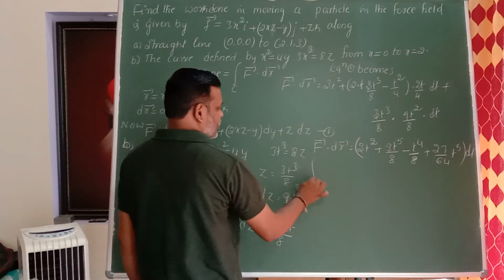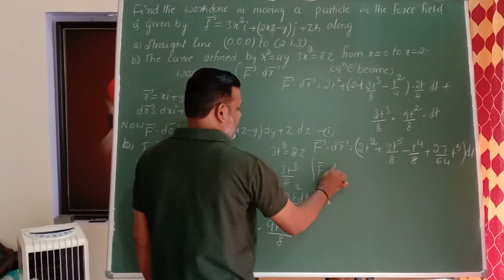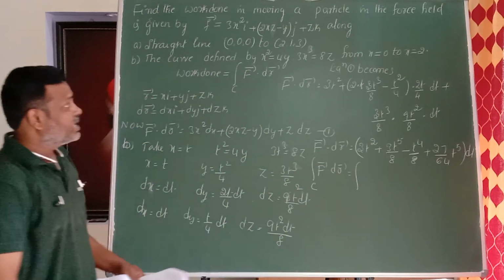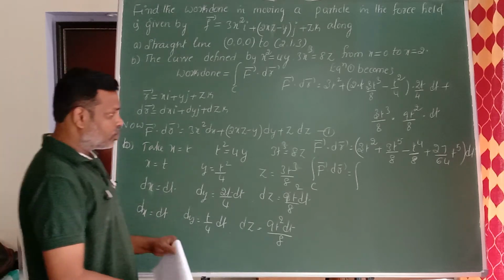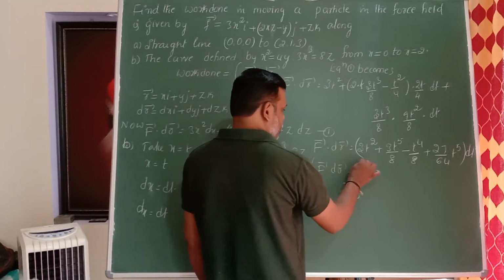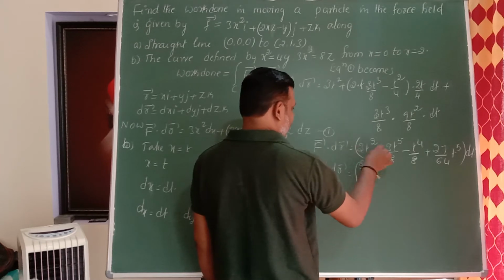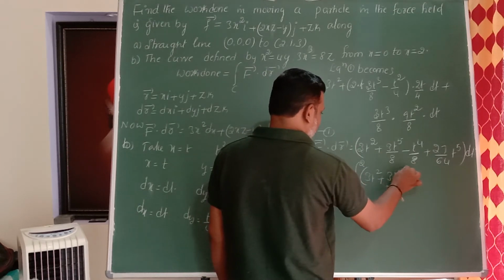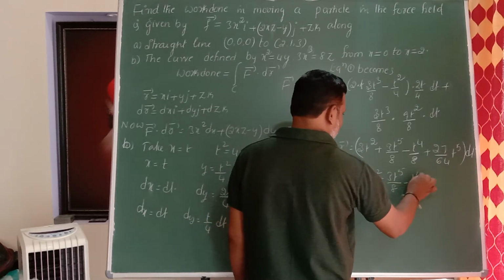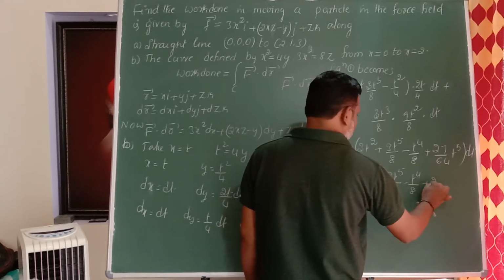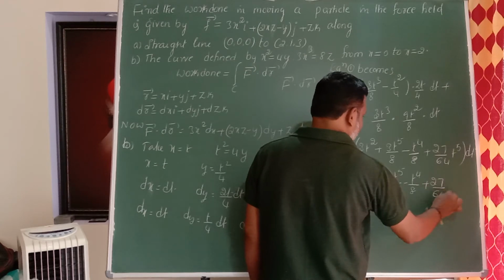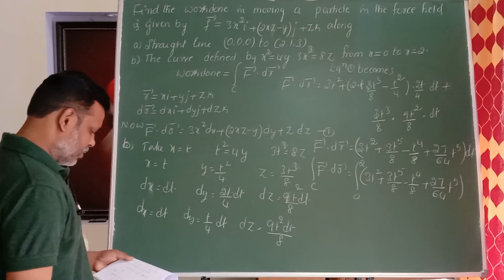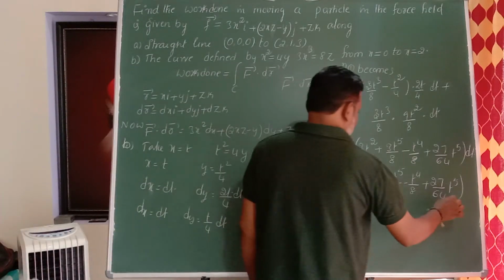Actually, we want the line integral of f dot dr over a curve C. They have given that x is equal to 0 to 2, so we have to take 0 to 2. This becomes the integral from 0 to 2 of f dot dr, which is 3t square plus 3t power 5 divided by 8 minus t power 4 divided by 8 plus 27 by 64 t power 5, into dt.